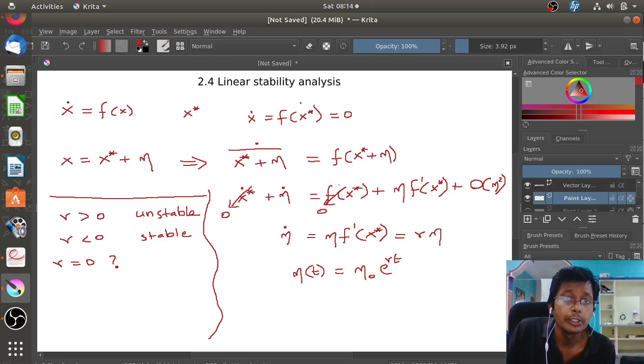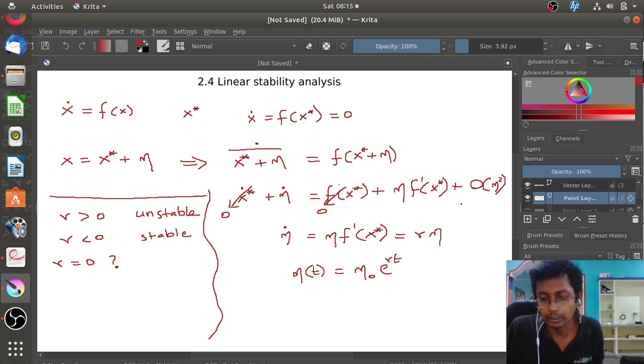This linear stability analysis is valid only for these two cases, and for this case we have to rely on these higher order terms. That's not the conclusion, we will see some examples.